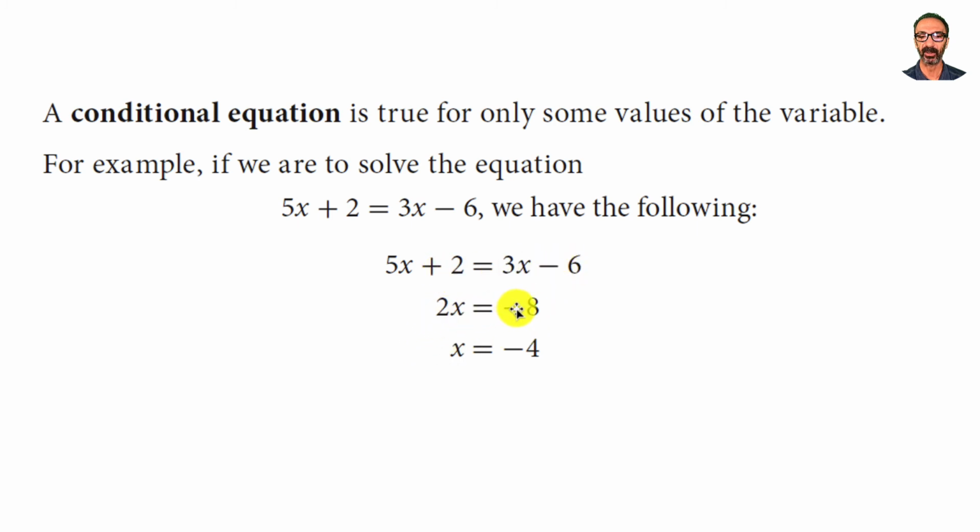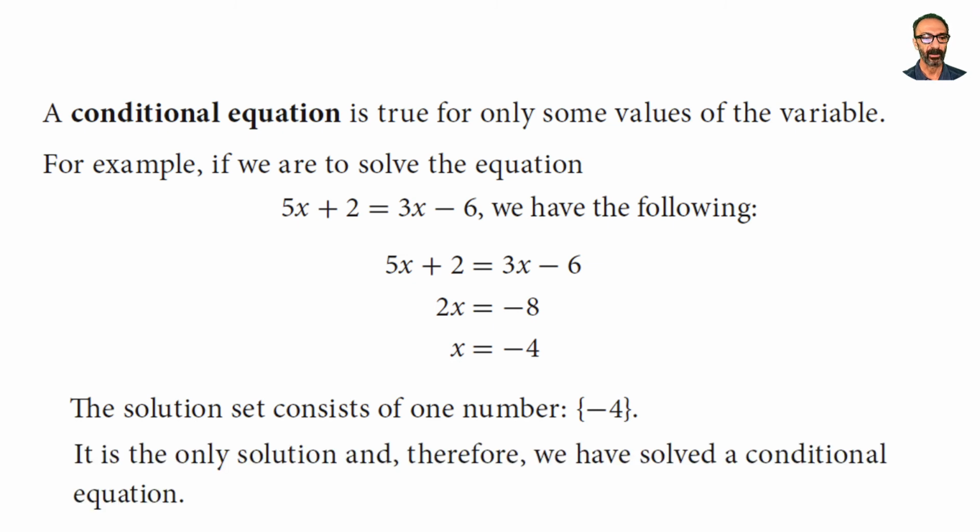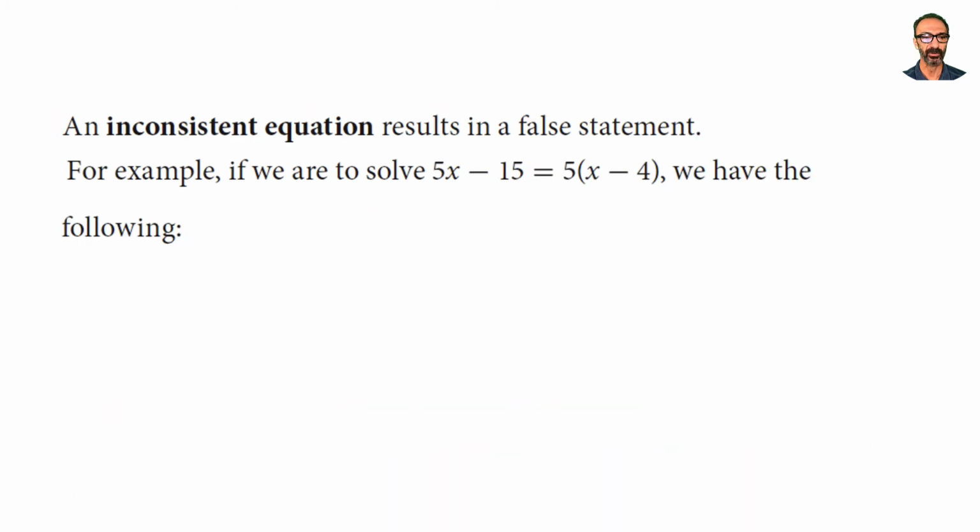Divide by 2, you get only one answer, which is x equals -4. That is called a conditional equation. The solution set is just one number, which is -4. It is the only solution, and therefore we have solved what's called a conditional equation.